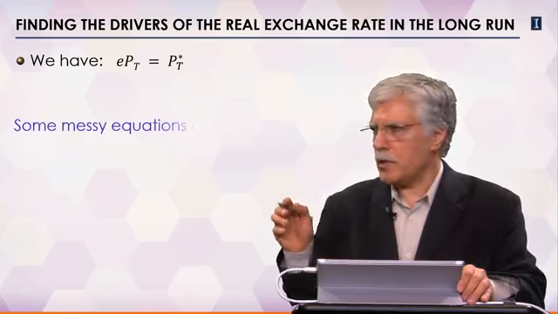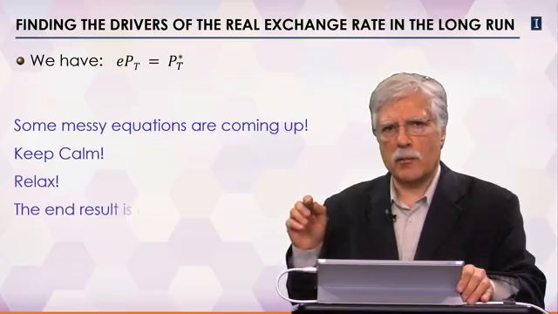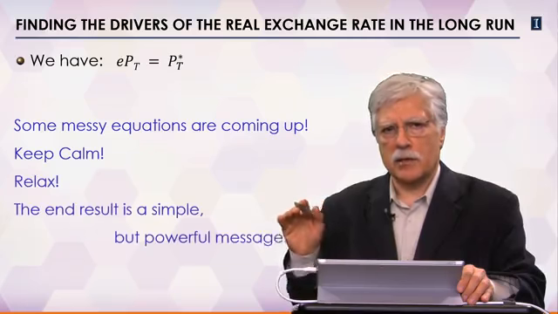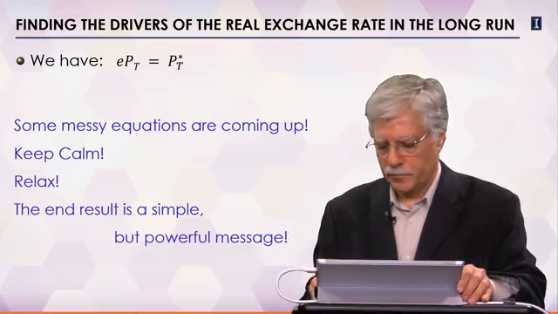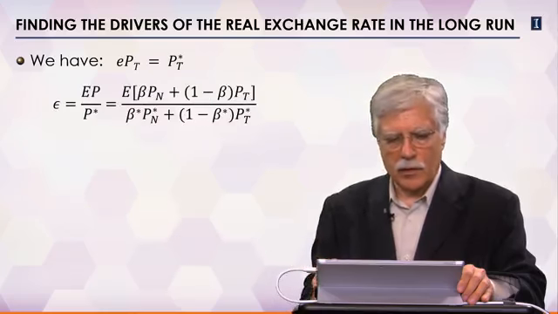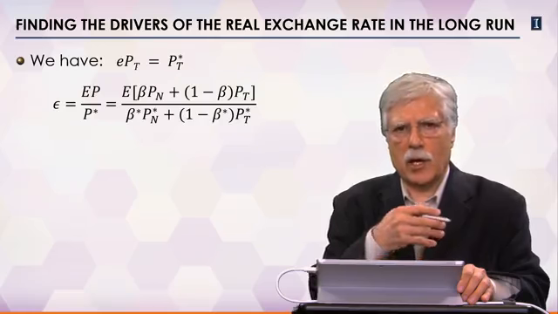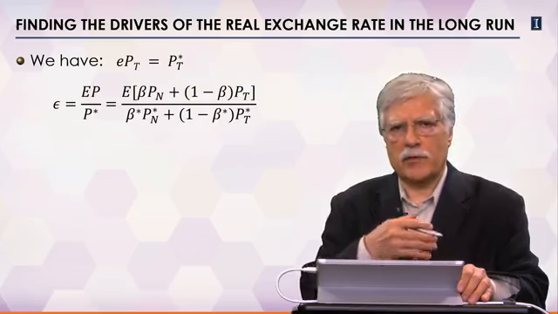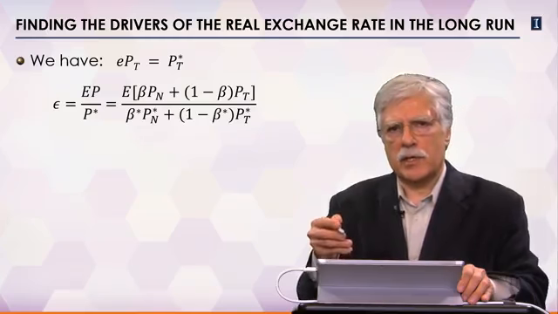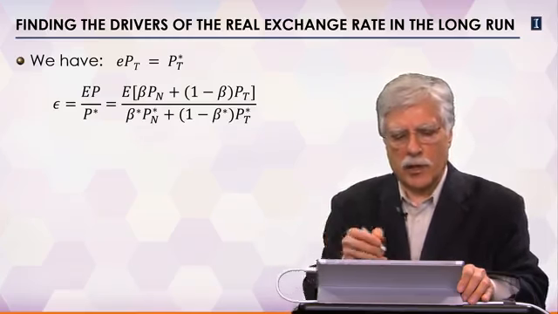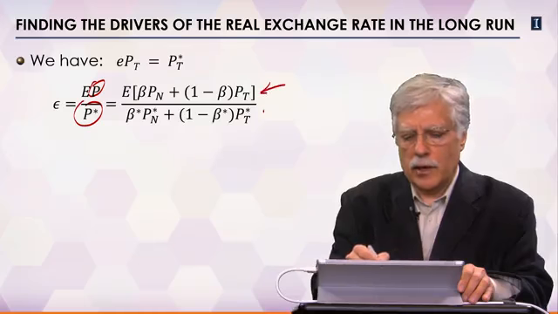But before we proceed, I just want to warn you that some troublesome equations are coming, but keep calm and relax. We have a simple message derived from that equation. So the real exchange rate is the ratio of EP, our basket of goods evaluated in foreign currency, divided by P star, which is the price level in the foreign country. And I substitute for P and P star in the numerator and the denominator.